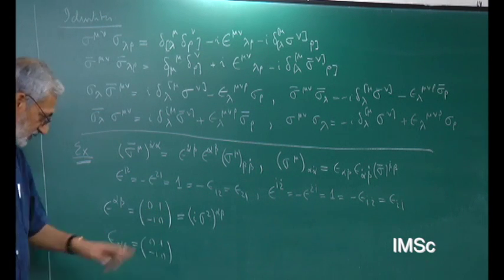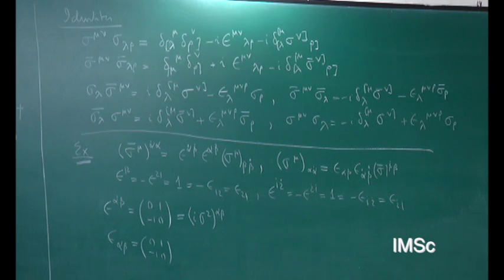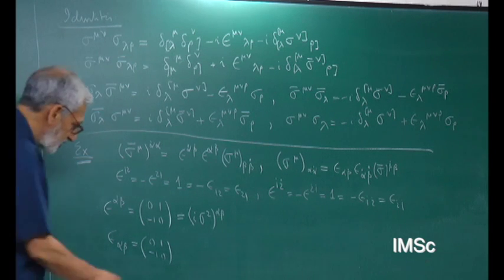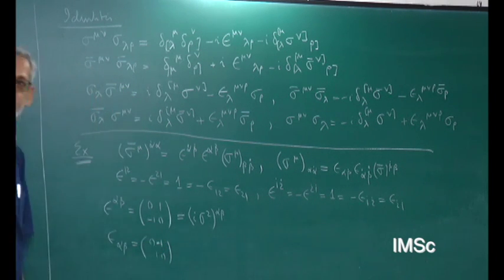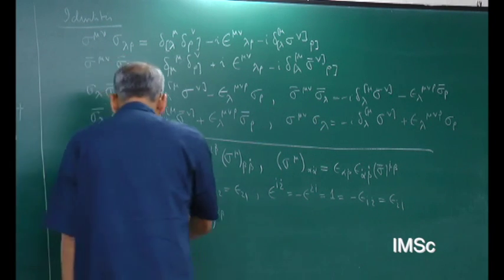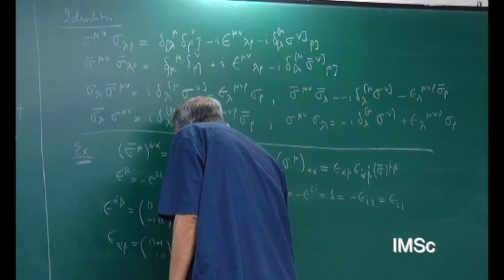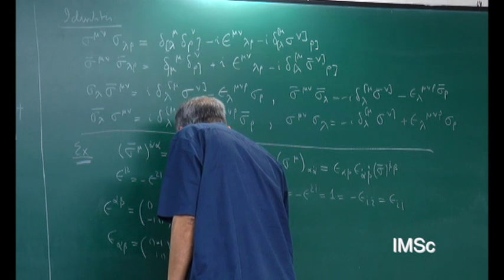The inverse of this matrix is this, the transpose of that, and that is minus I times the Pauli matrix sigma 2.